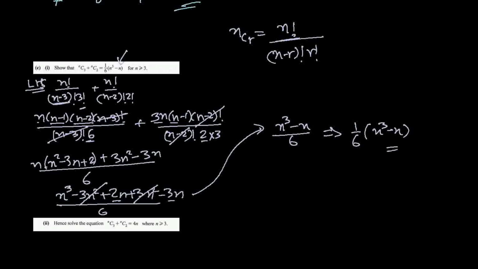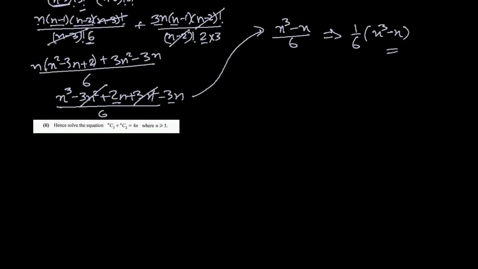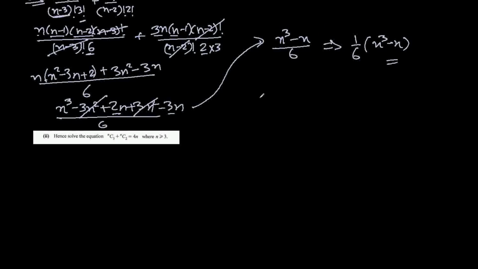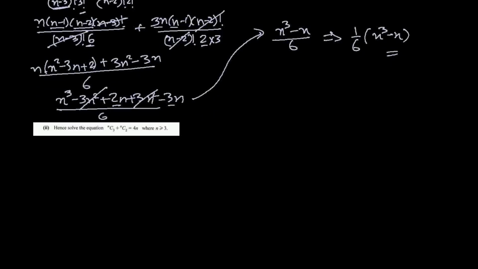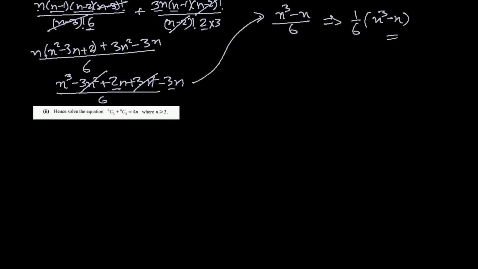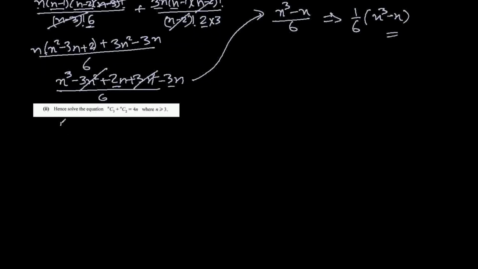Now second part, what does it say? Hence solve the equation. This is exactly the same, equal to 4n. Okay, so we'll use this one: 1 over 6 times n cubed minus n equals 4n. Let's multiply both sides by 6 so that this 6 gets cancelled out.